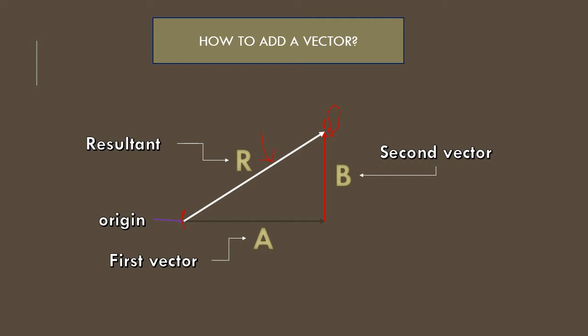Wala siyang pakialam kung ilang beses lumiko, huminto yung vector. For example, pumunta ng east, north, then west. Ang i-measure mo lang is this one. Yun lang yung resultant mo, yung original position and yung final position.